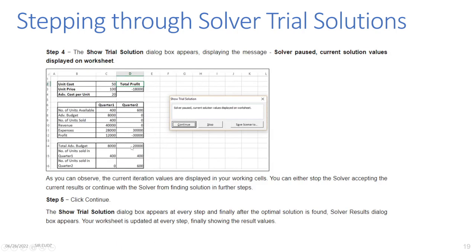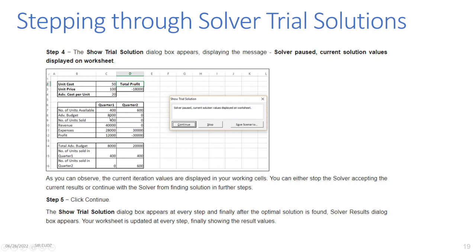Click Solve. So we click Solve and then the Show Trial Solution dialog box appears. This is the Show Trial Solution dialog box displaying the message Solver pause, current solution values displayed on worksheet. So this is now the current solution.